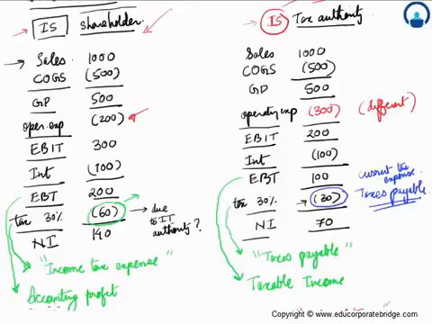We'll call this accounting profit, and the tax associated with the shareholders' income statement is called income tax expense. Now what we had noted was that these two may not be exactly equal. An example we took was the operating expense, which could be different, and because of operating expense being higher in the tax authority's income statement, the taxes are relatively lower here.